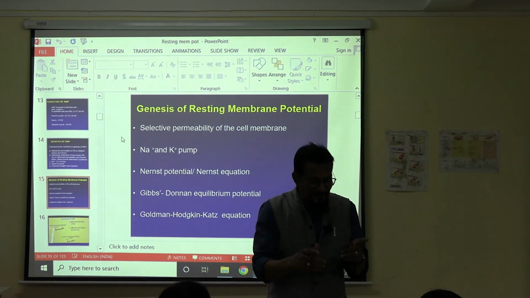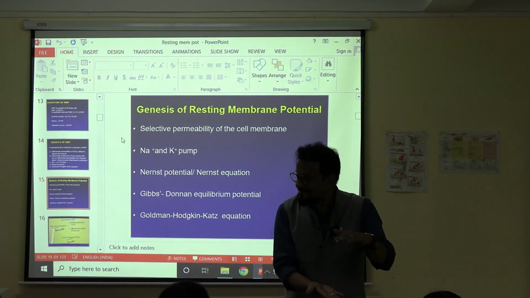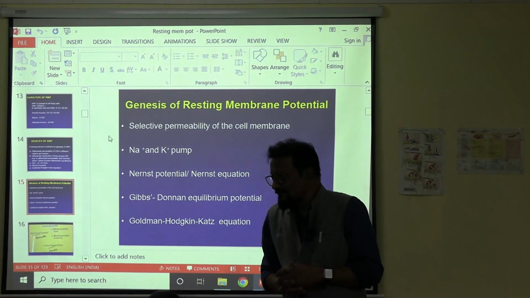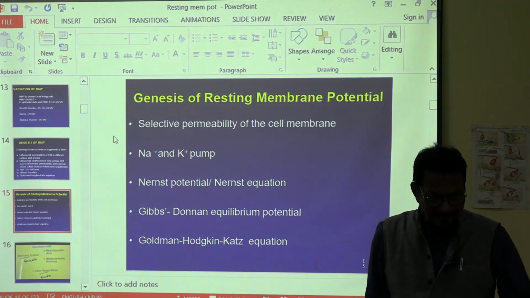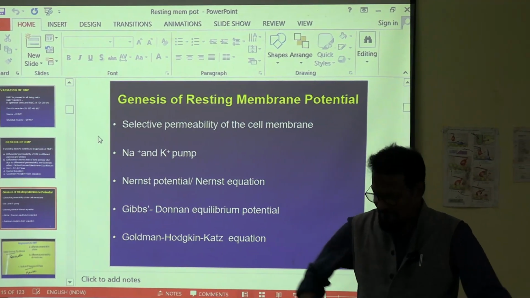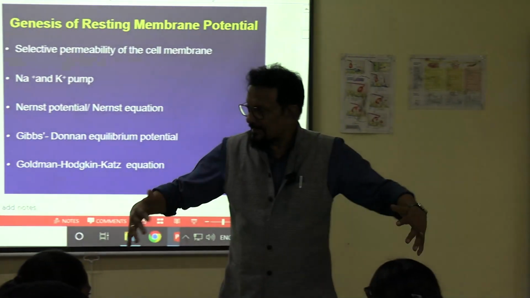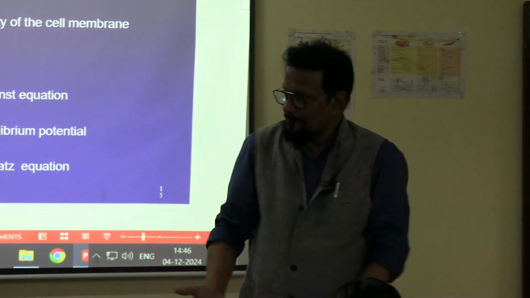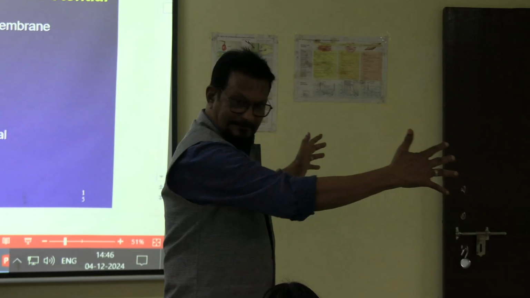So it is very easy for the sodium ion to pass, as its size is less, and for potassium it is difficult, as its size is more. But the sodium ion is wearing a very thick jacket, and for it, the size is like this.